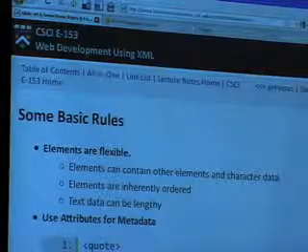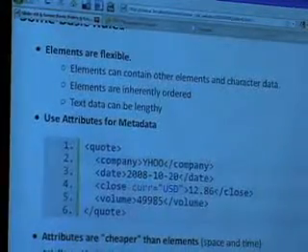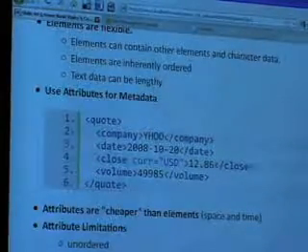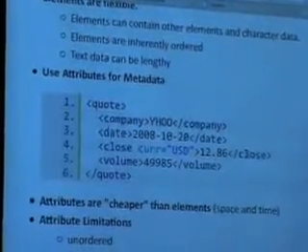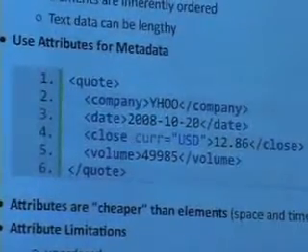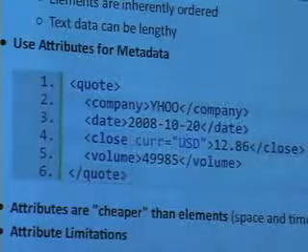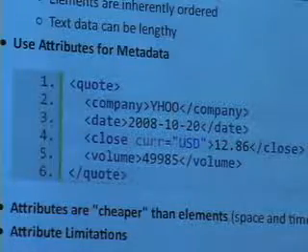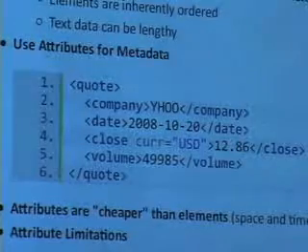So let's take a look here. For instance, if we had the quote and we have the close value of 12.86, the metadata about that 12.86 is that those are US dollars. That might be appropriate for an attribute, because it's metadata about that particular piece of content. Just as an example.